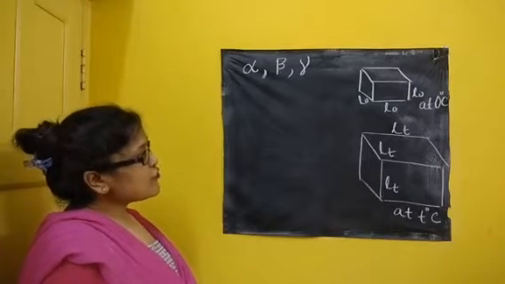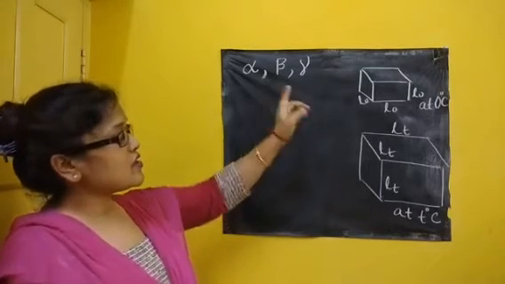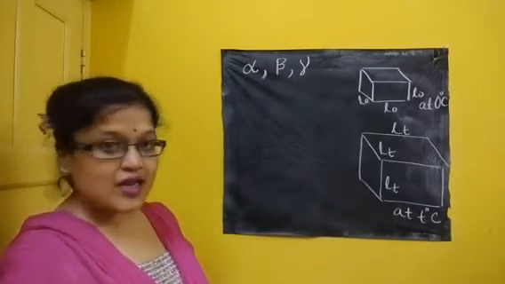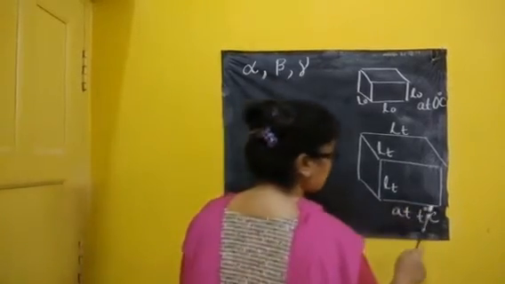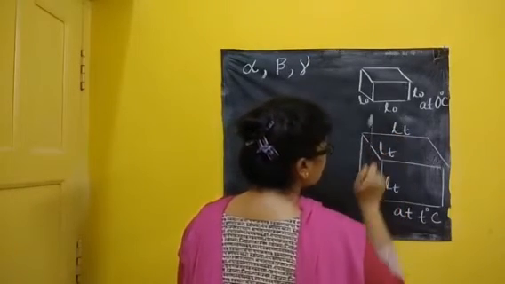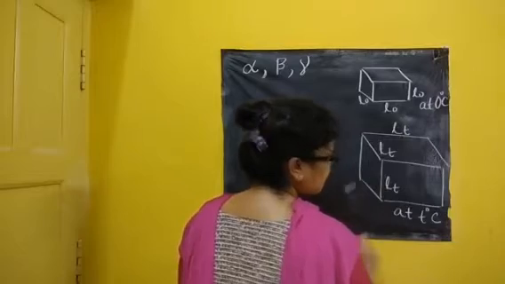So first of all, what will be the change in length if I am considering only the linear dimension? L0 was the initial length, LT is the final length.